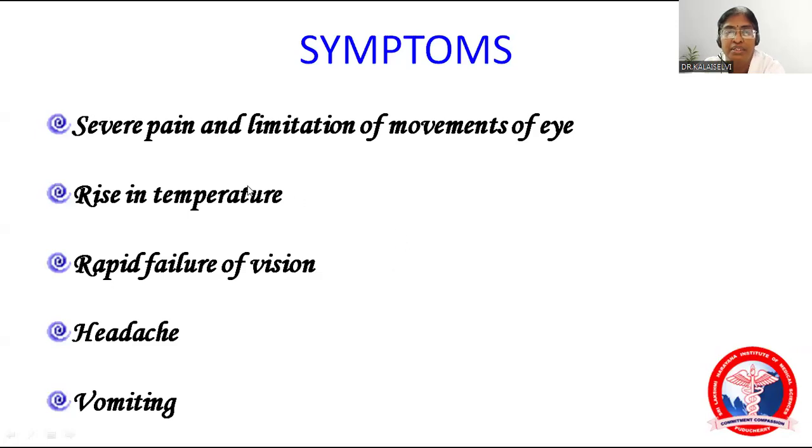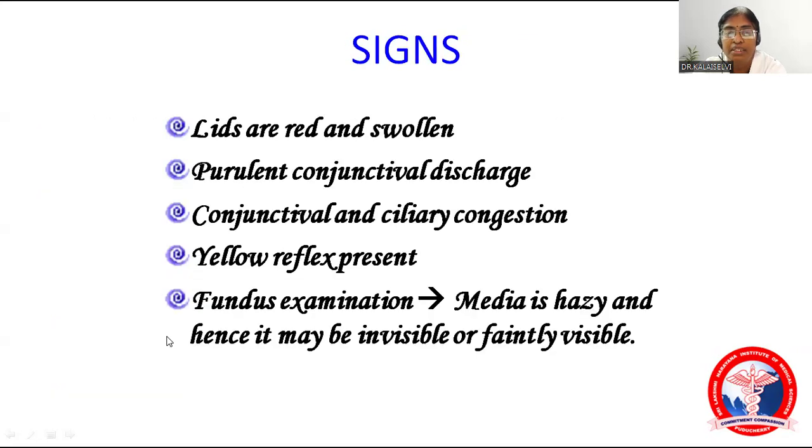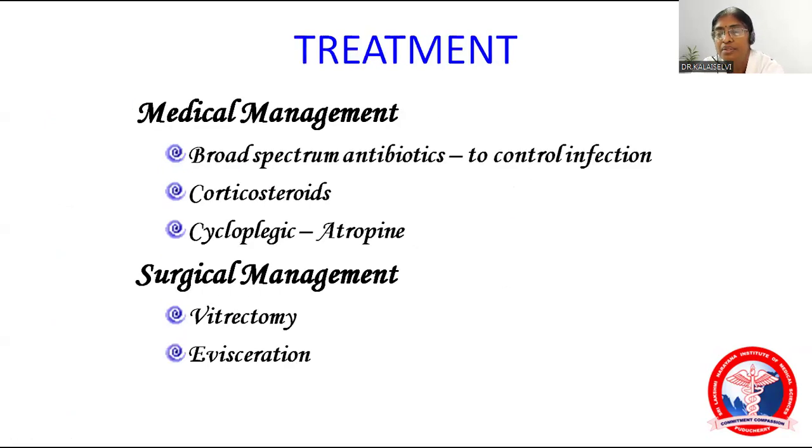These are the features: severe pain, limitation of movements. There are systemic features also, raised temperature, rapid vision loss, and headache. Limbs are swollen, discharge is present, chemosis of the conjunctiva, and a white yellow reflex. On fundus examination, the media will be hazy and other structures will not be visible, so we resort to ultrasonography.